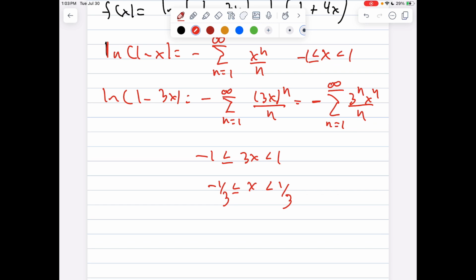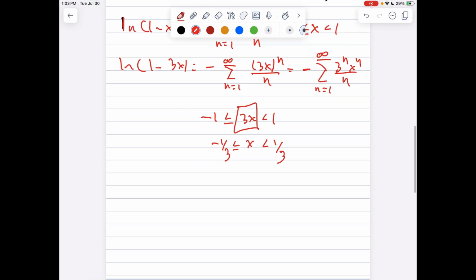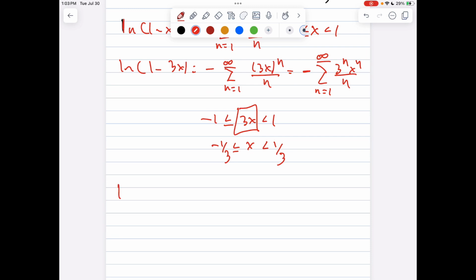So it's inclusive of minus 1/3 and not inclusive of 1/3. Essentially what you do is substitute into the original inequality for x, and then you just solve. So that's your interval of convergence. And we're going to do the same thing for ln of 1 plus 4x.